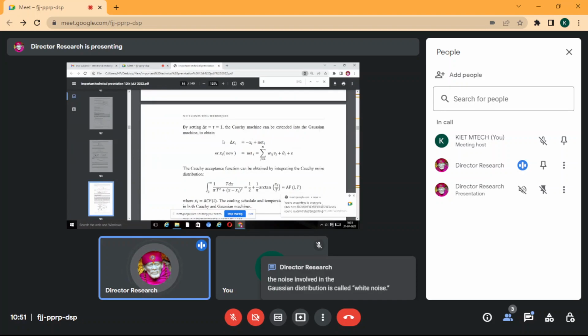By setting delta t equal to tau equal to 1, the Cauchy machine can be extended into the Gaussian machine. The Cauchy acceptance function can be obtained by integrating the Cauchy noise.